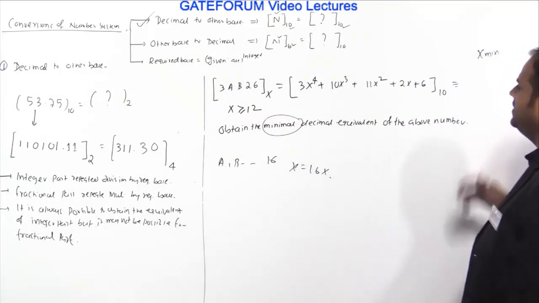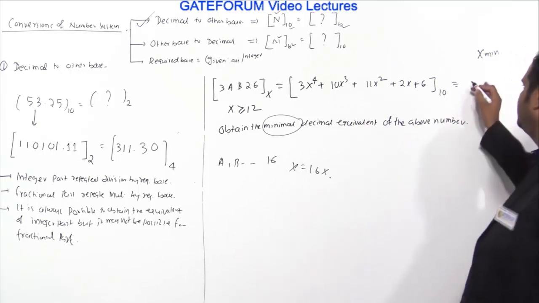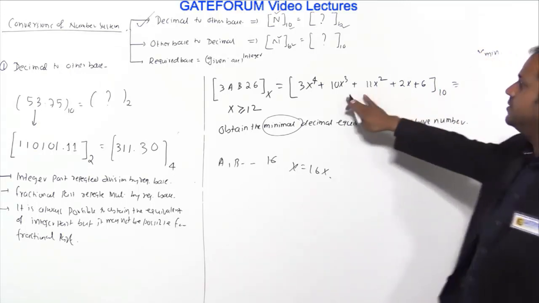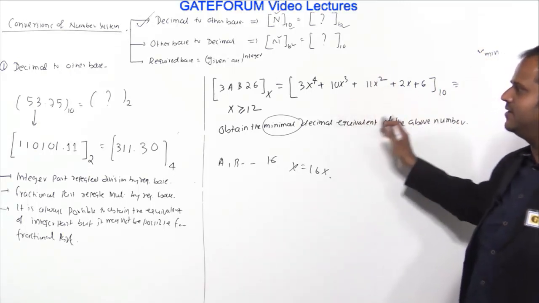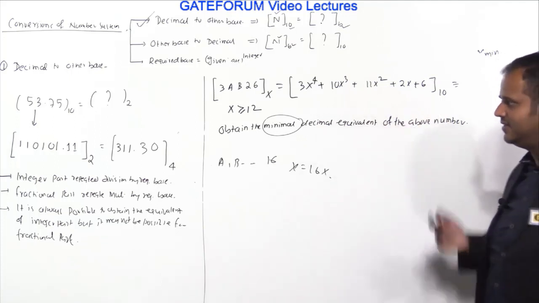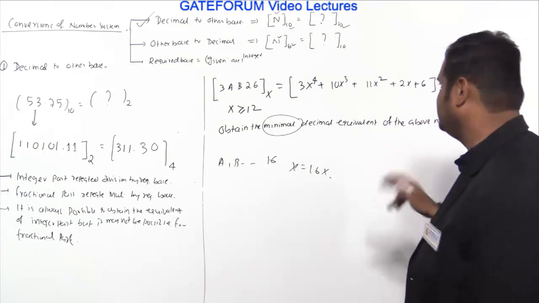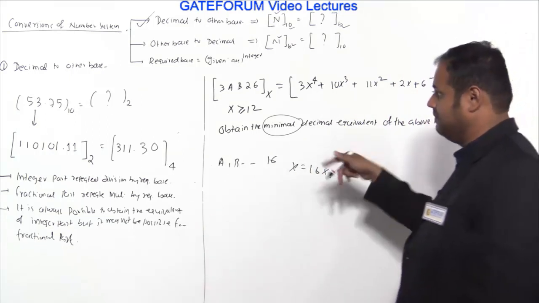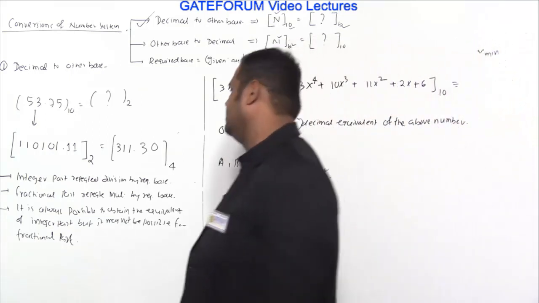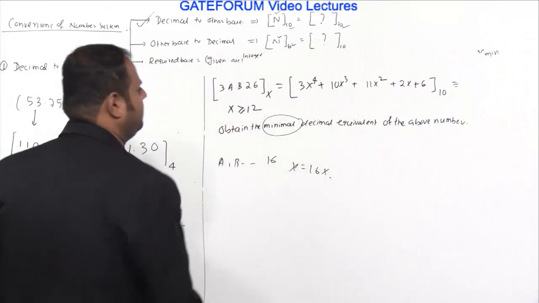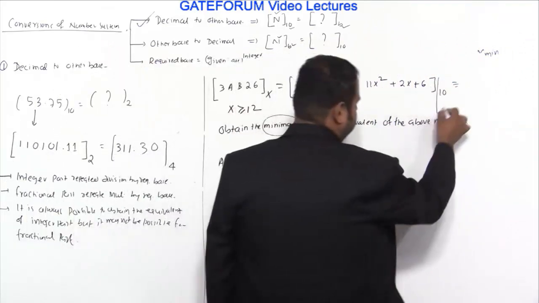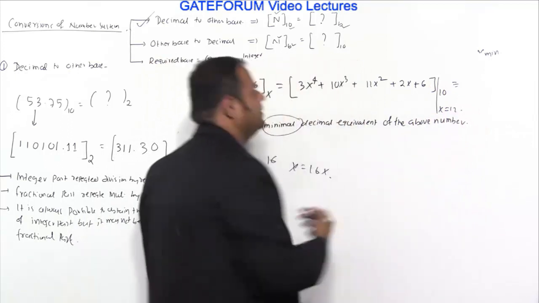I don't have a calculator with me, I am just leaving this as a task, but find the answer by taking x equals 12. We are not supposed to take 16 just because A, B, C, D are present in 16. So minimal means you should use the minimum value of x, and minimum value of x is 12. So you have to evaluate this by taking x equals 12. You check it out and tell the answers.